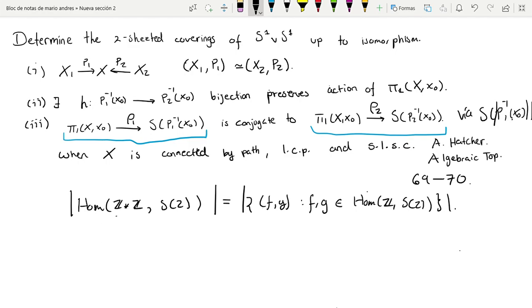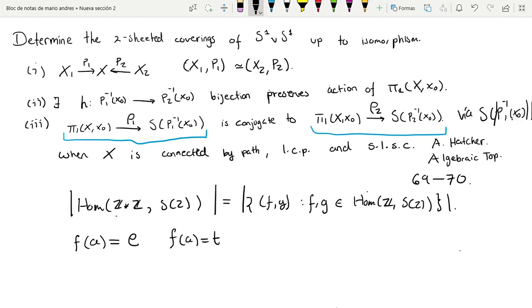So it has only two choices, right? If A or B is the generator, and we have one of this type of morphism, we have only two choices: to get the identity element of S2, or to get the other element of S2, which is a transposition of the symbols. This one doesn't do anything to the symbols, and this one interchanges the symbols.